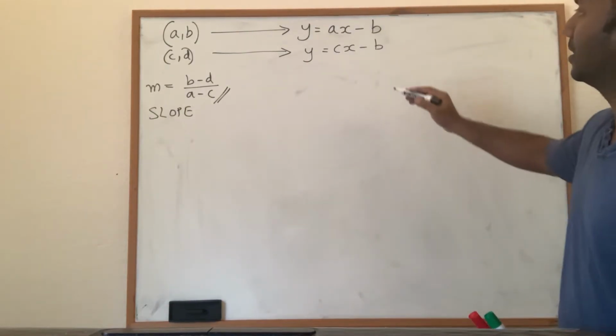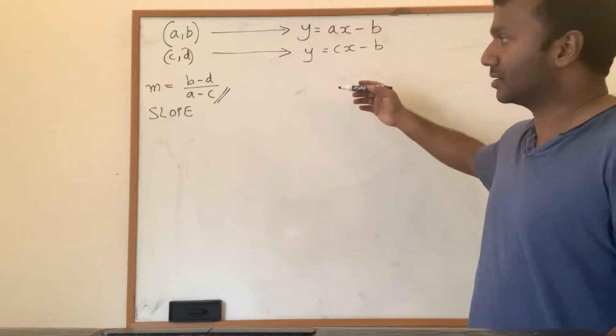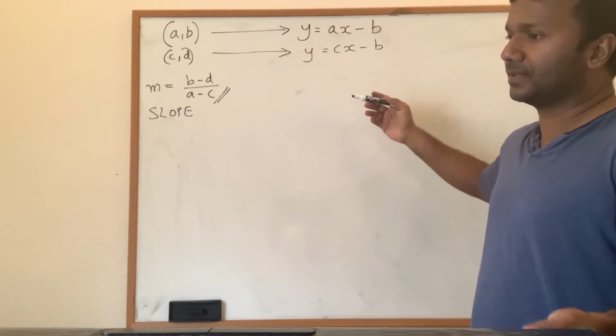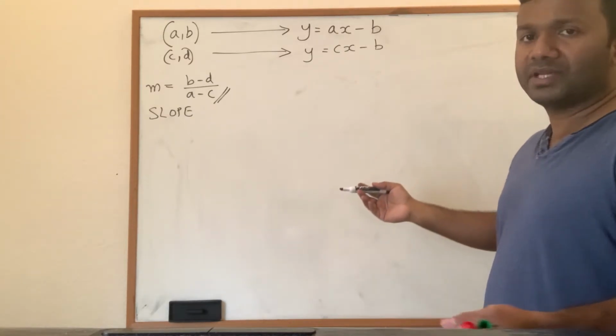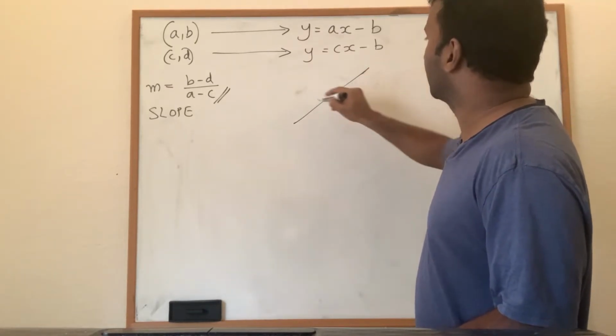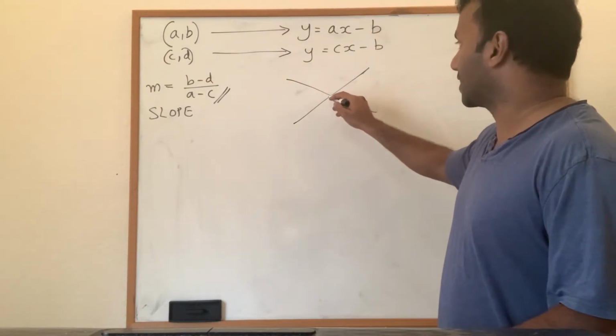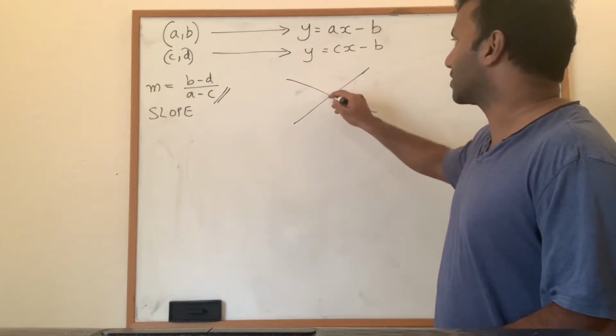And when I have 2 lines like this, if they are not parallel, they're going to meet somewhere. I don't know where, but as long as they are not parallel, they will meet at some point.